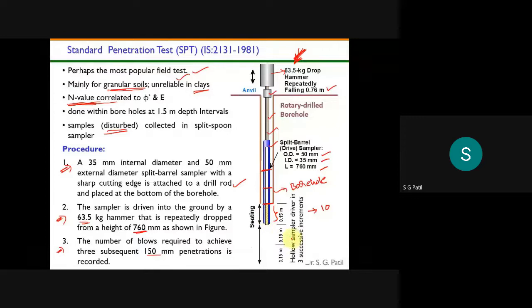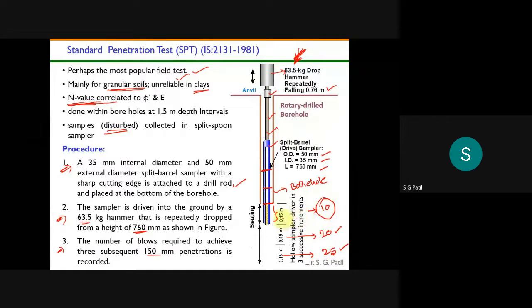And for the second 15 centimeter penetration, I would have got around 20 blows. For the third penetration, I would have got around 25 blows. Now your SPT N value is the sum of the second and third, and you have to neglect the first one.